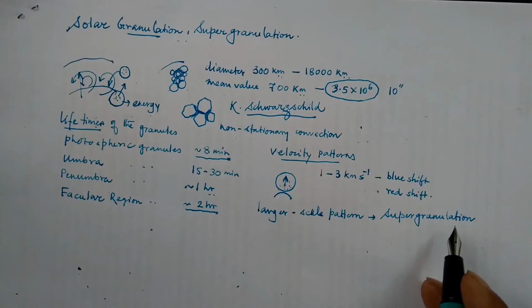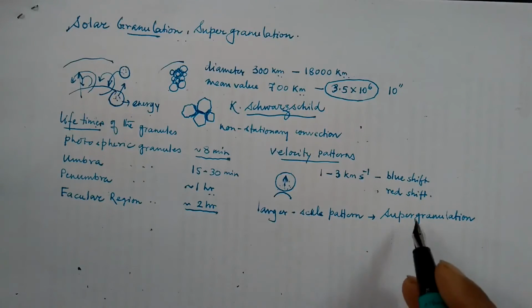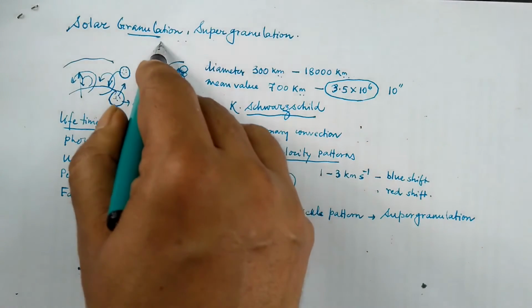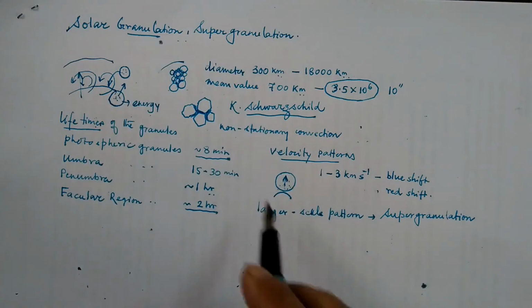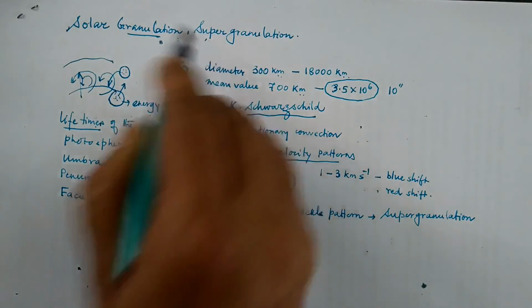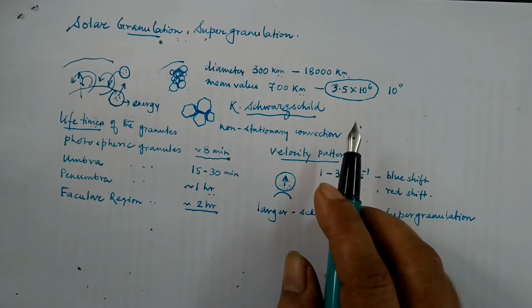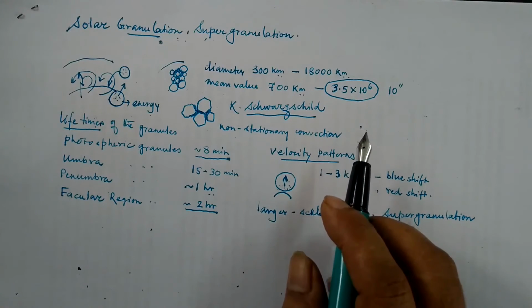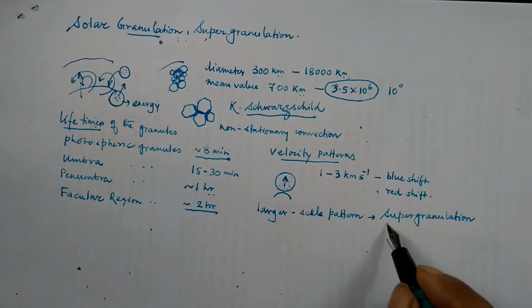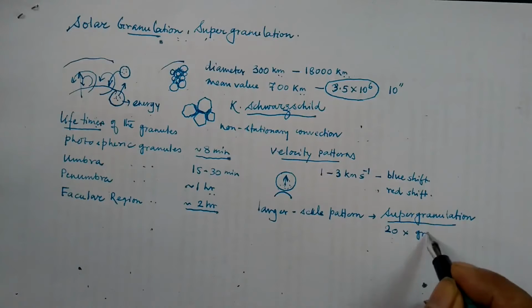So this coarse supergranulation pattern is very similar to the pattern of this fine photospheric granulation, but these two are not the same. These two are independent phenomena. In fact, the average linear size of the supergranulation is about 20 times that of the granulation.